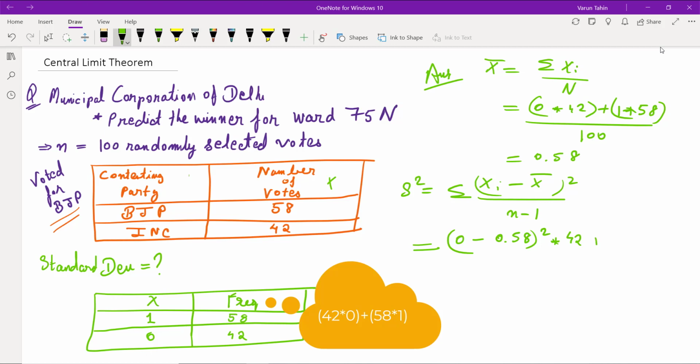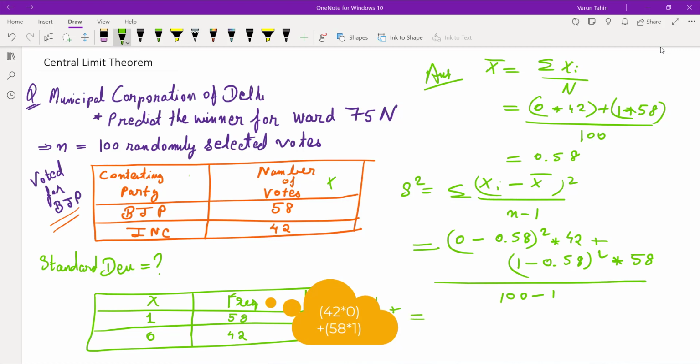That will be summed up with the entries for which BJP is the voting party, which is 1 minus 0.58 whole square into the frequency of BJP votes, which is 58, and this will be divided by 100 minus 1.